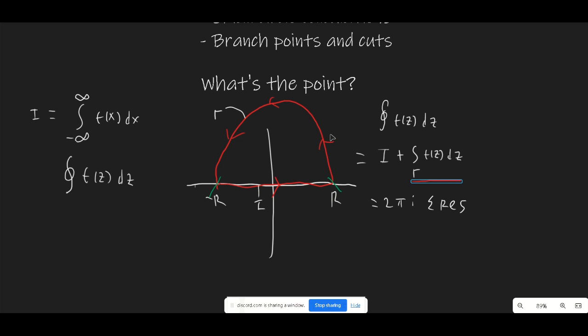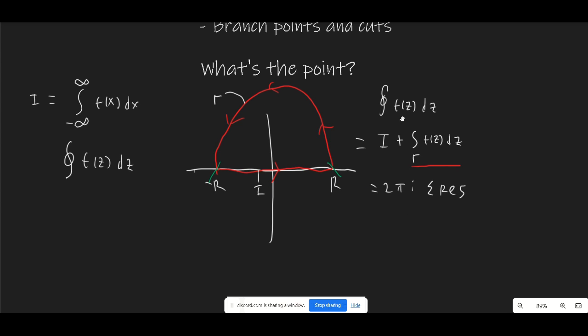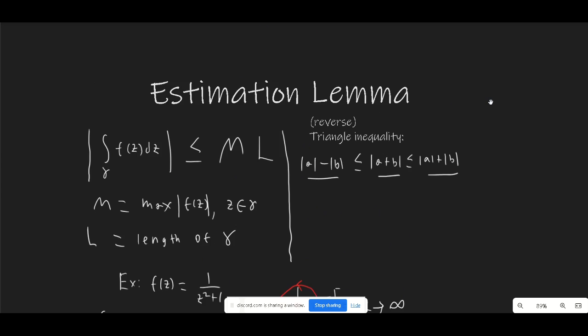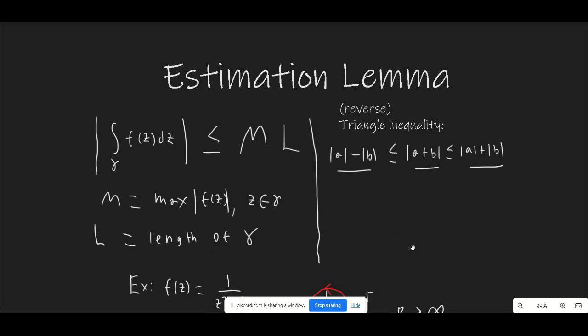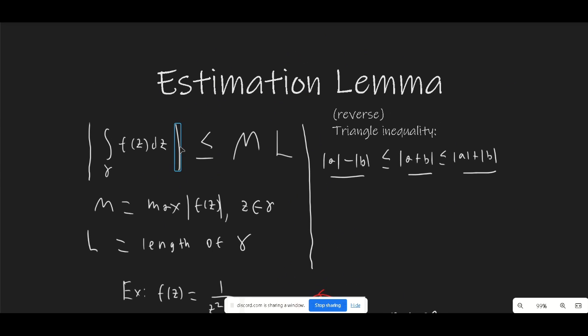The estimation lemma is very straightforward and pretty logical. It just says that the absolute value or modulus of the integral over some curve gamma of f of z dz is less than or equal to M times L. Now M is just the maximum of the modulus of f of z, where z is some point on that curve gamma, and L is just the length of the curve gamma.